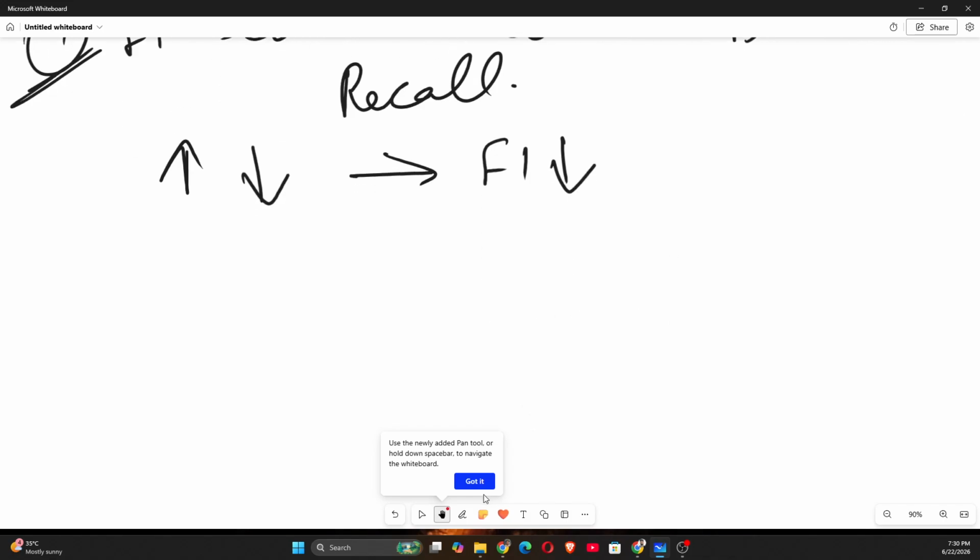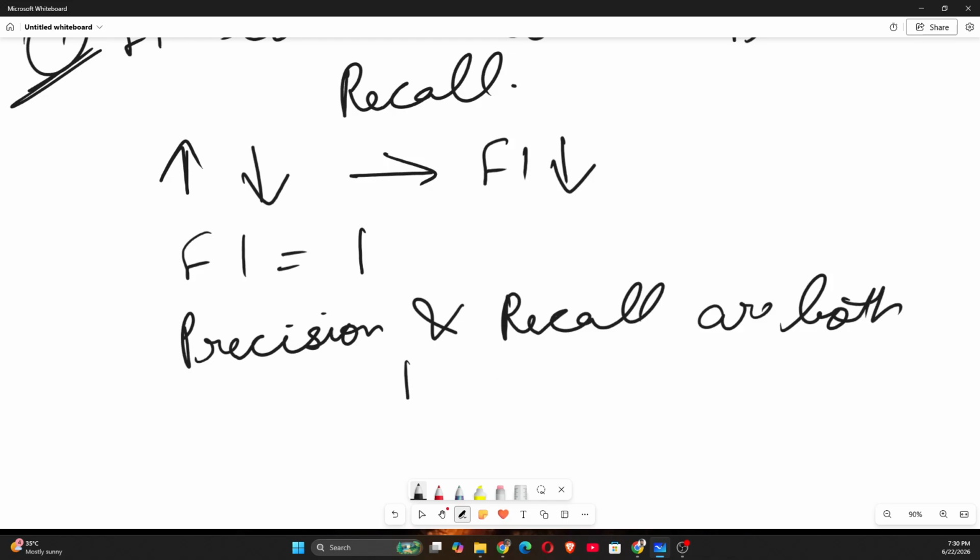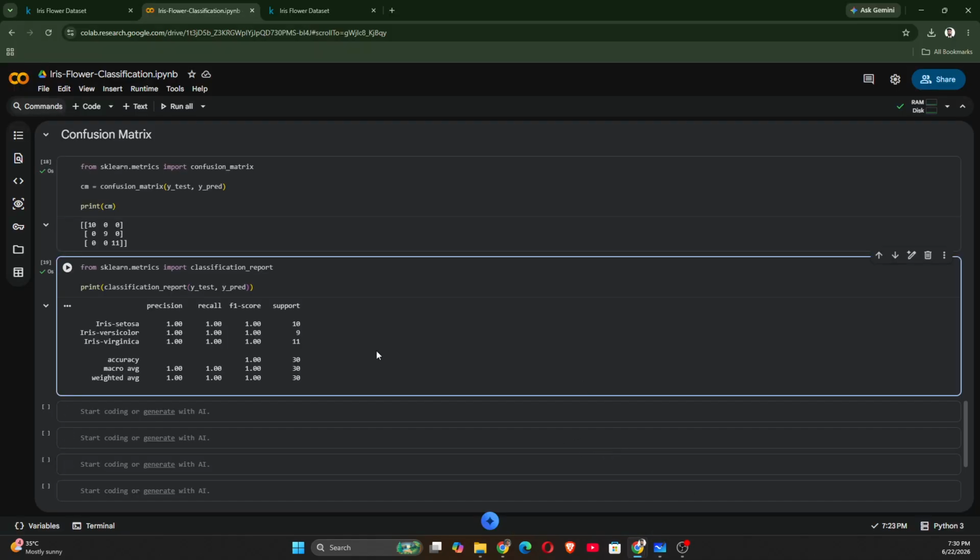We are getting F1 as 1, which means precision and recall are both perfect. Got it? So as you can see over here, our precision is 1, recall is 1, F1 is also 1, which is a very good thing.